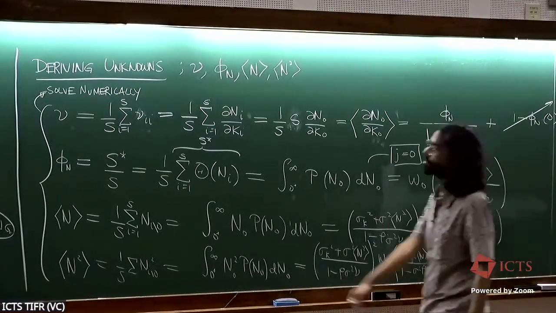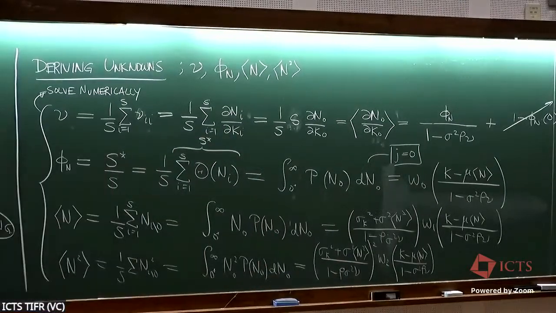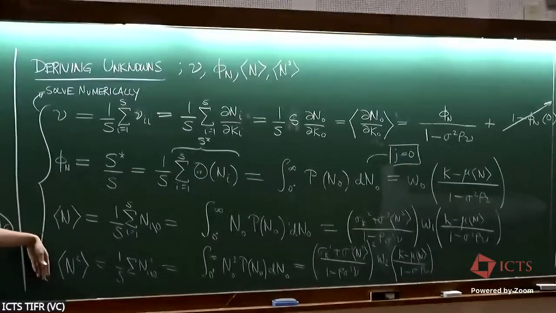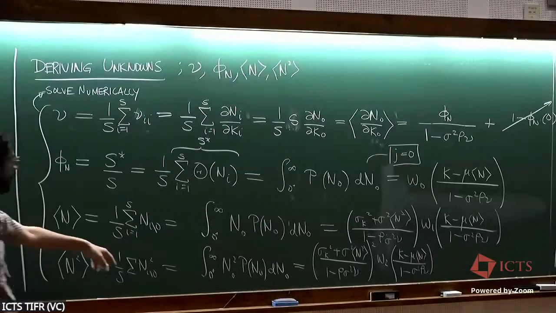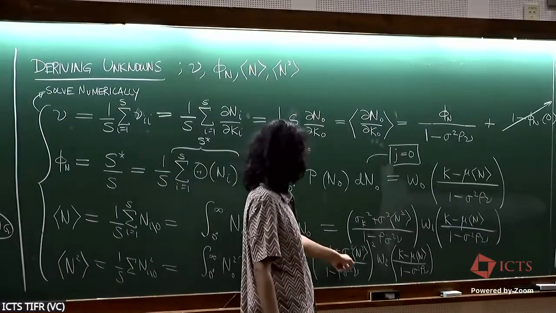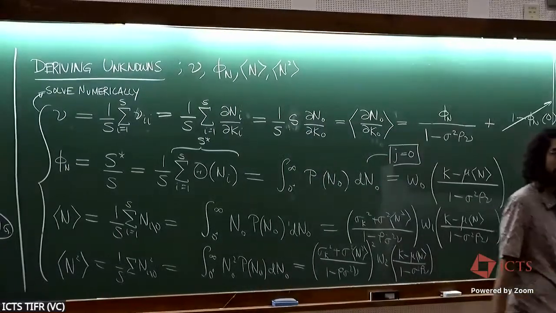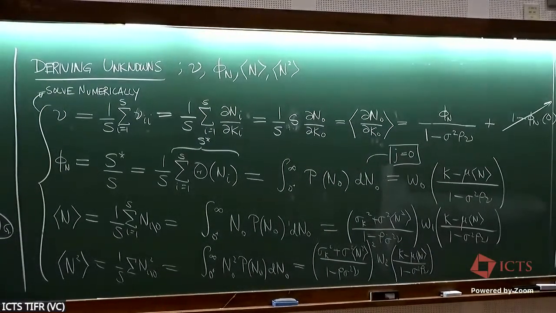But let's just recap what it'll give us. If you put down these four equations in some nice solver on your computer and you give it all your parameters, sigma, mu, sigma k, rho, and so on, it'll spit out four numbers, one for each of these.